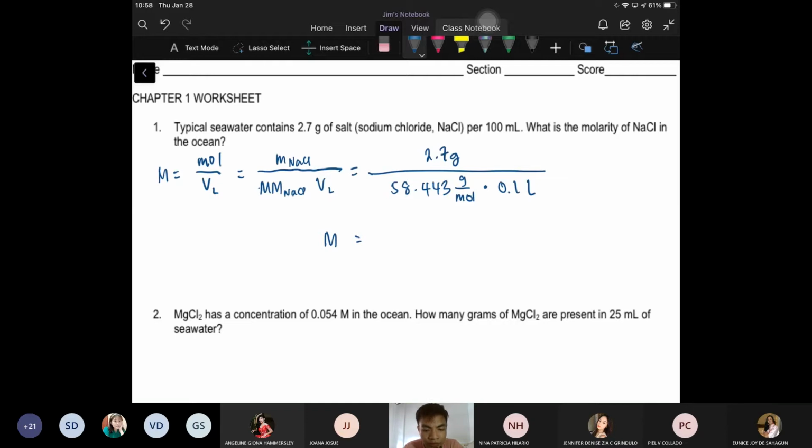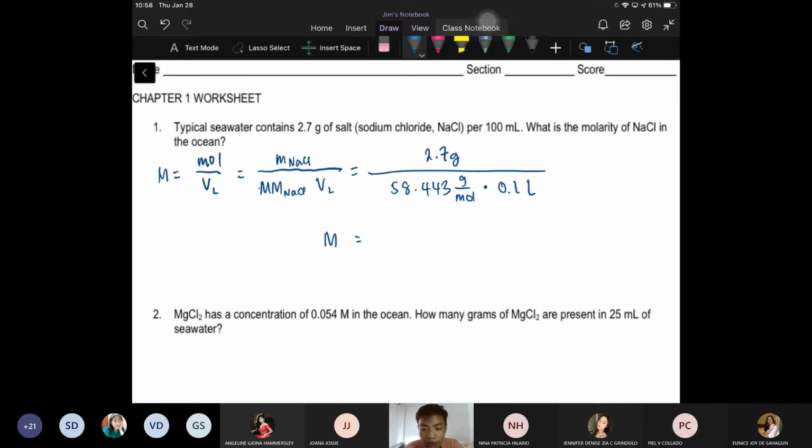Kailangan ko pa po ba dito ng significant figures? Hindi na, no? So usually, I will ask you to express the answer in 2 or 3 decimal places na lang. So hindi na natin i-consider yung sig fig ha, sa lecture na yon. Hopefully na-discuss na sa inyo sa lecture.